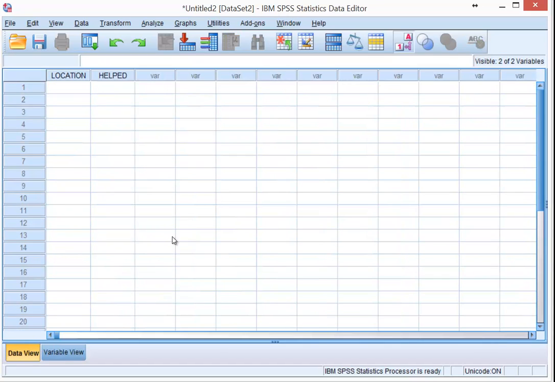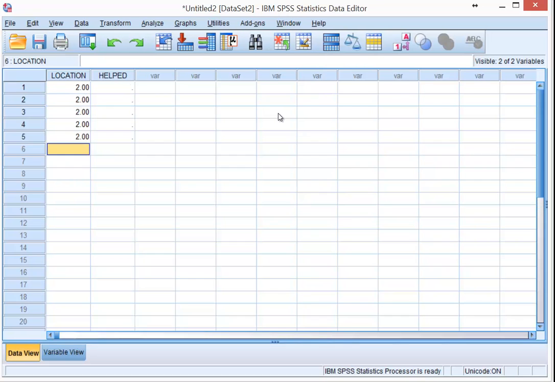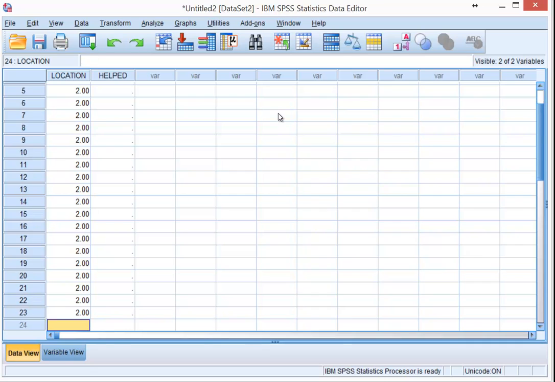Now back at the data view, you have to remember every row represents a person or a thing that you collect data from, and every column is that information. So if there were 28 participants who were outdoors, we need to have 28 rows of location 2.